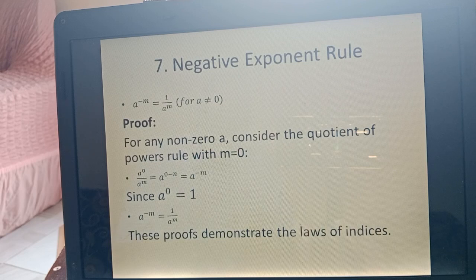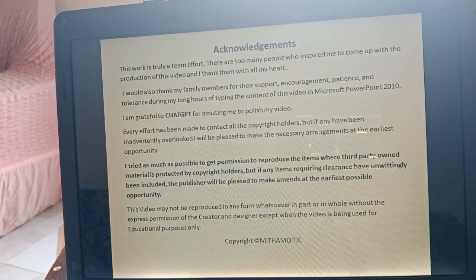And since a raised to 0 is equal to 1, then a raised to negative m is 1 over a raised to m. This proves, demonstrates the laws of indices. So we just conclude by the acknowledgement there.